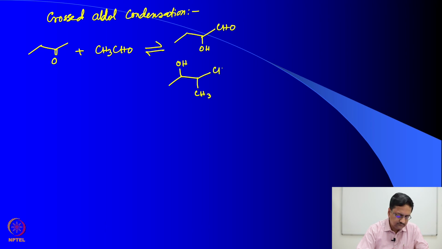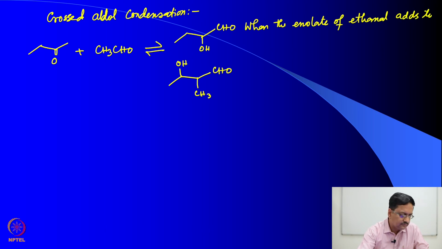So, the first one can form when the enolate of acetaldehyde adds to propanal. So, this is propanal, sorry.